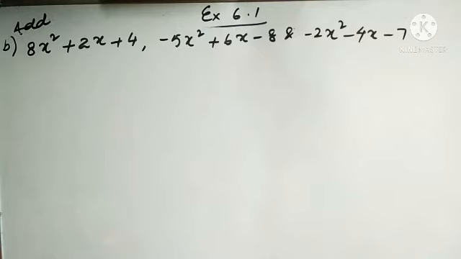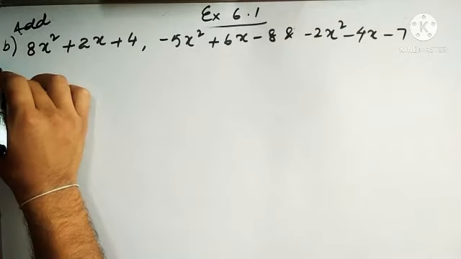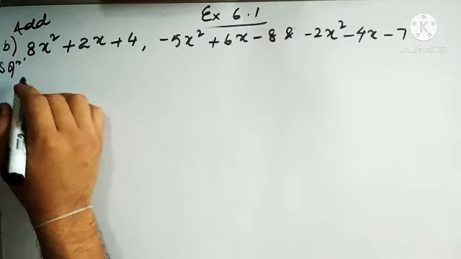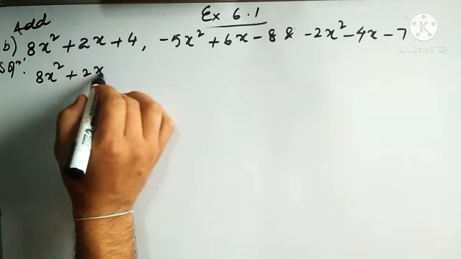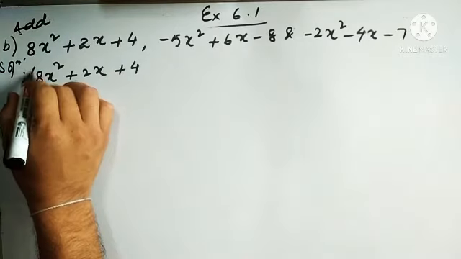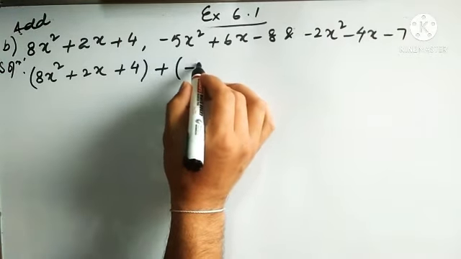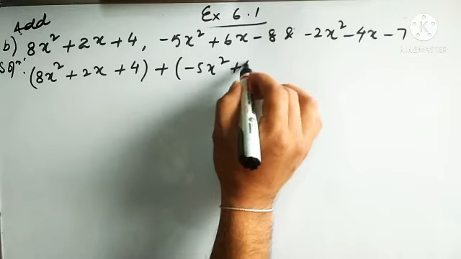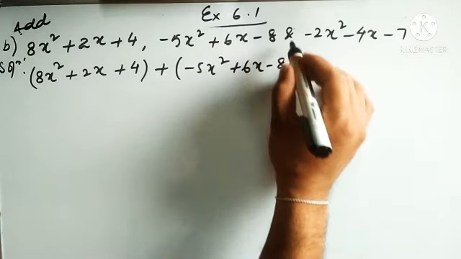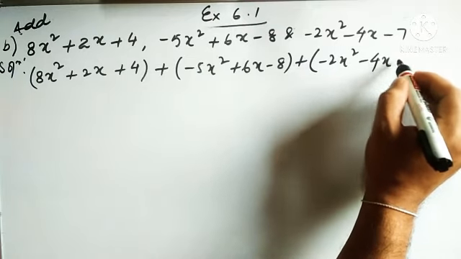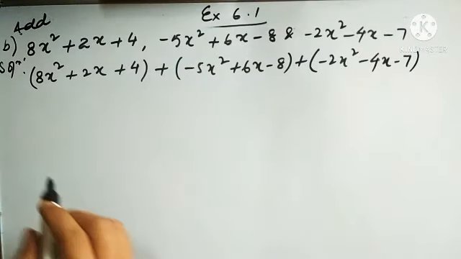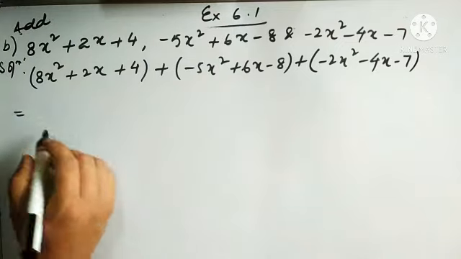Okay, we have the second question, that is question B. Solution. Let's write 8x square plus twice x plus 4, plus minus 5x square plus 6x minus 8, and the last expression we have minus twice x square minus 4x minus 7. Okay, now let us open the bracket.